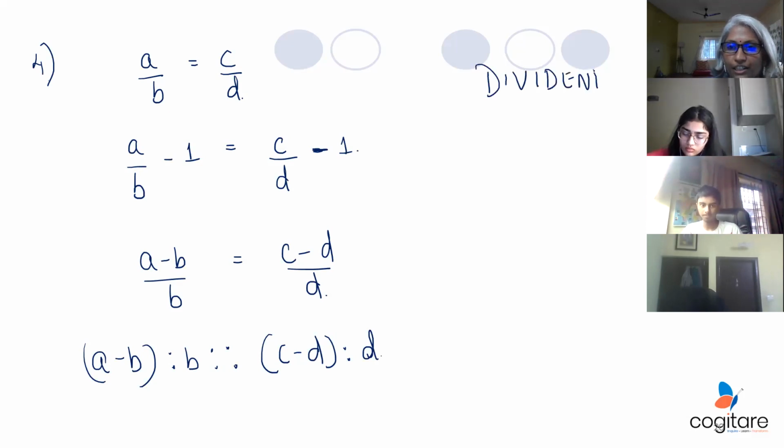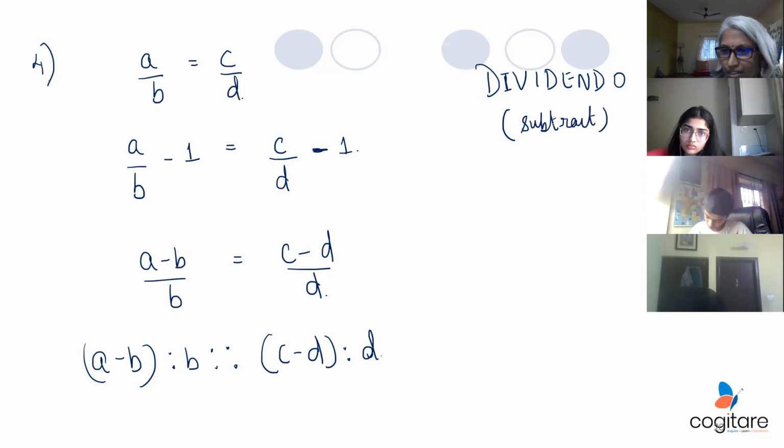Why is it called dividendo? Because when I divide, I'm actually reducing its value. Don't go by the operations subtract and divide; they're different, obviously. But when I divide or subtract, I'm reducing its value. So remember that as subtraction, minus 1, you end up with this.